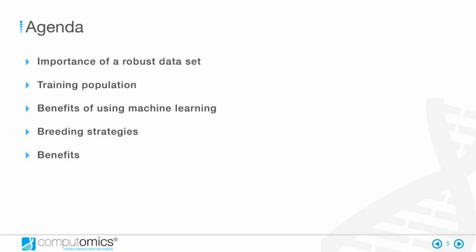The Computomics team consists of bioinformaticians and machine learning experts who have spent many years developing and applying machine learning to breeding to develop our Exceed Score technology. I'll start the webinar by showing how we support clients to build a robust data repository and how we can build a strategy which will enable breeders to access all of the genetics within their breeding programs.